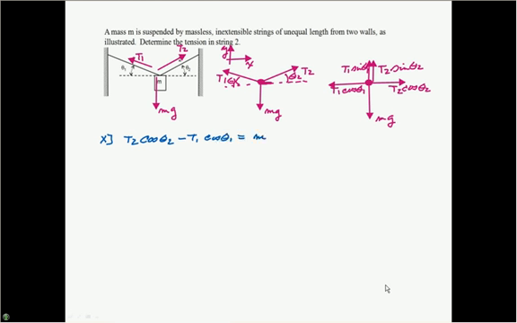In the y direction, T2 sine theta 2 plus T1 sine theta 1 minus mg equals m a sub y. Since the object is at rest, both of the accelerations are 0.